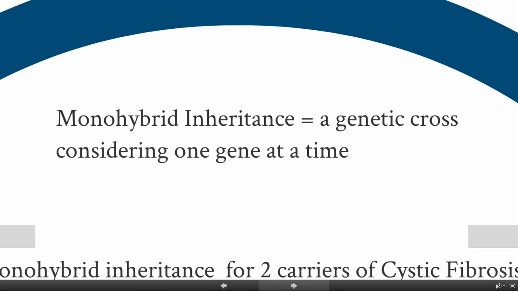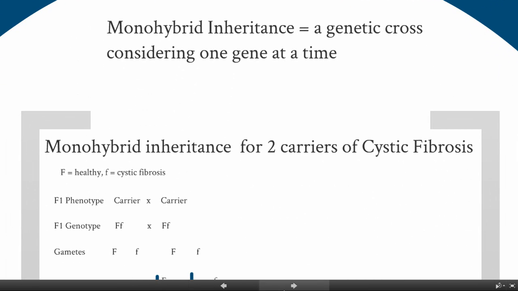An example of this is a monohybrid cross for two carriers of cystic fibrosis. In the previous video we went over some of the symptoms and how cystic fibrosis is caused. It's an inherited disease, received from your parents. Here we're going to go through what a genetic cross would look like for two carriers.